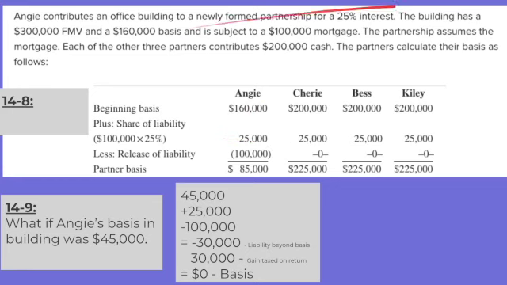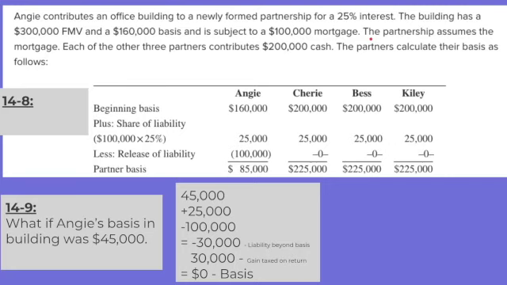It's not labeled. The building has a $300,000 fair market value, $160,000 basis, and is subject to a $100,000 mortgage. So the partnership assumes the mortgage. What does that mean? Angie got $100,000 in cash. Each of the three partners contribute $200,000 in cash. Calculate the basis of each of the partners.